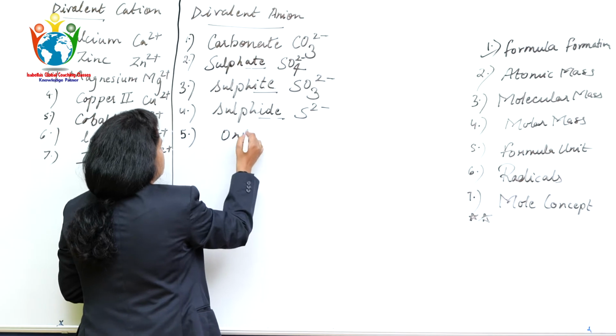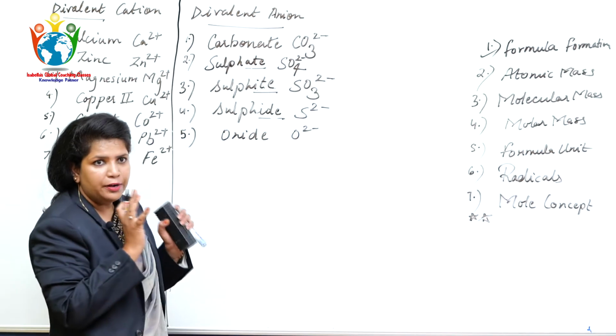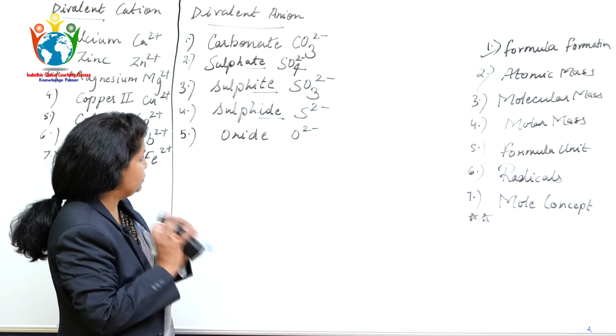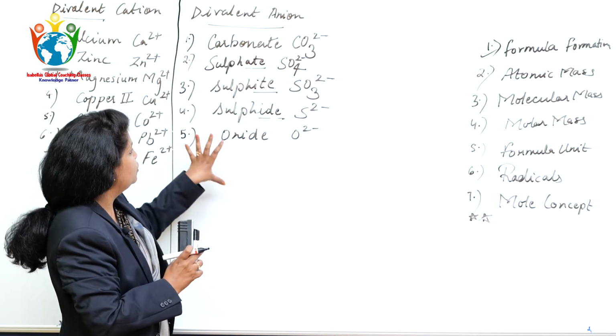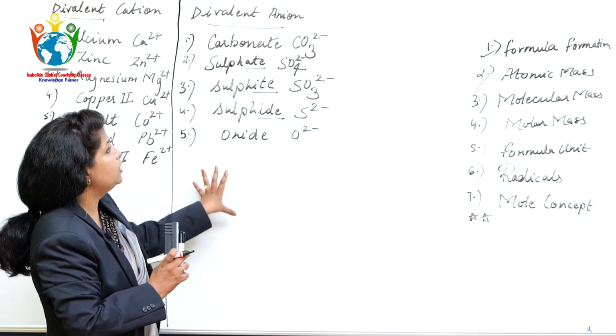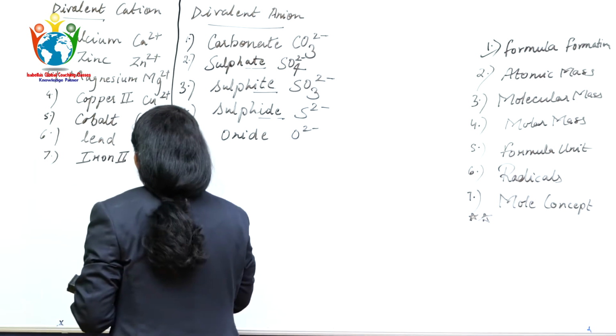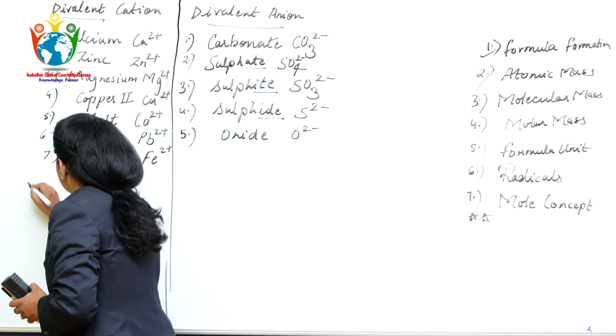Oxide, O2 minus. There are many more, but I don't want to confuse you for today, because if I give you more, you will worry about how much you have to learn in order to frame the formula. Now we can go to the trivalent directly, because we have space over here.